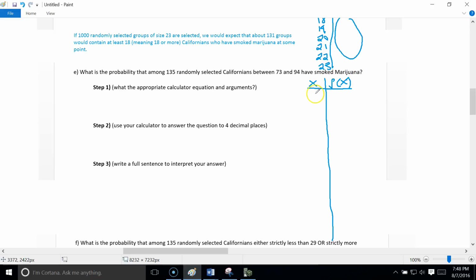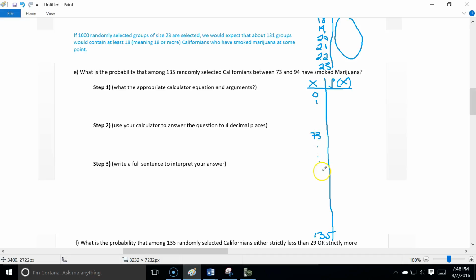Okay, so the random variable x could take on the value 0, 1, and so on and so forth. And then way down here, we'd have 135 as another option. And then somewhere in the middle, we'd have these values. There's a 73 somewhere over here.